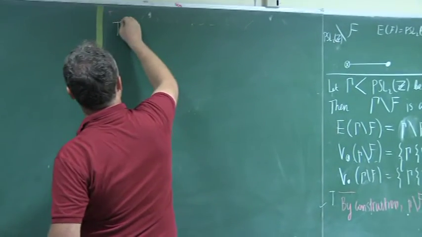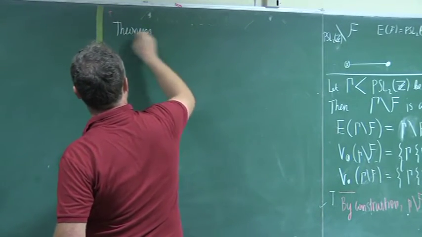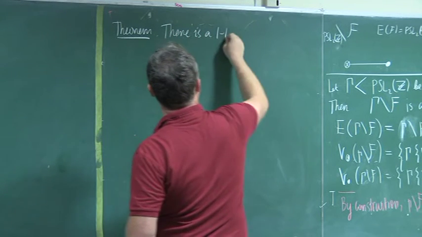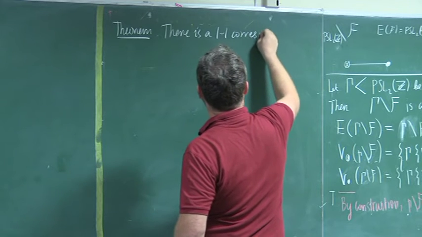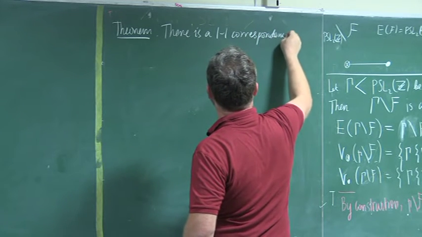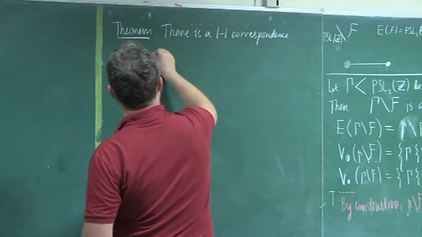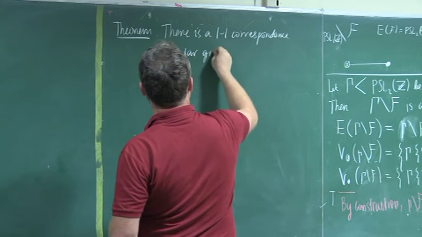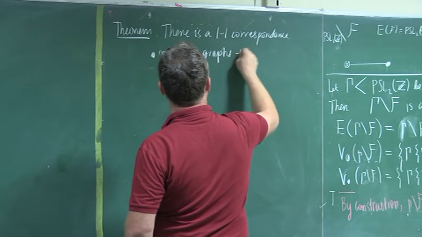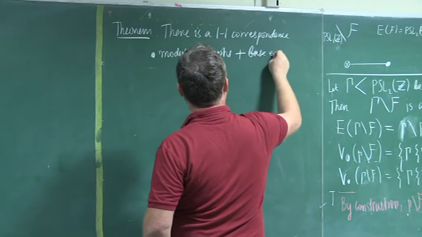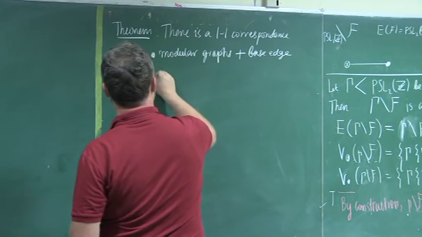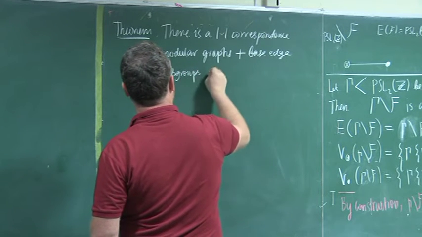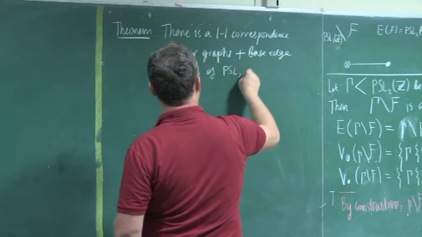Theorem. There is a one-to-one correspondence between modular graphs plus a base edge on the one hand, and subgroups of the modular group.